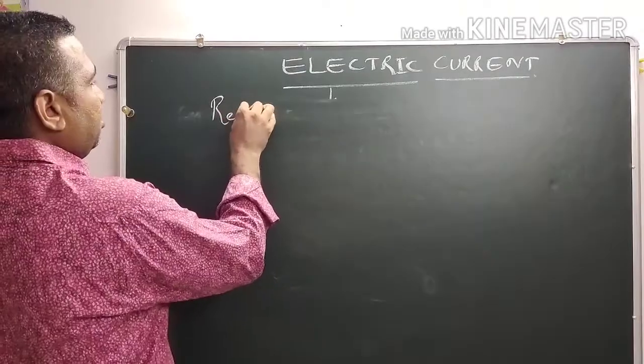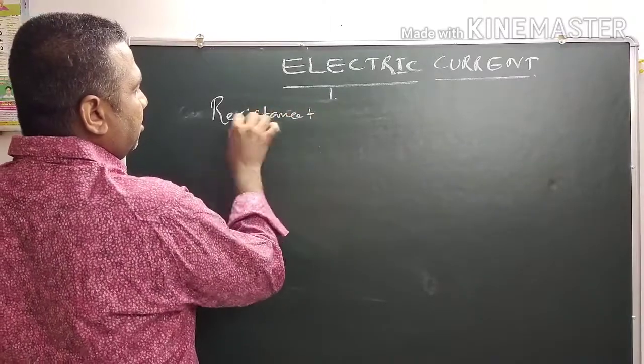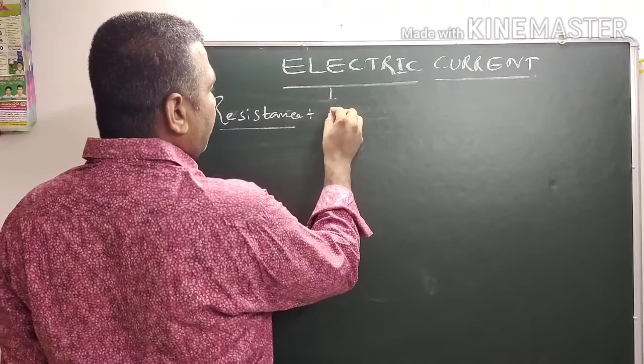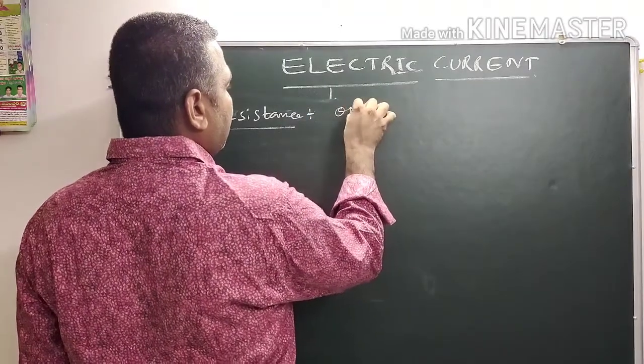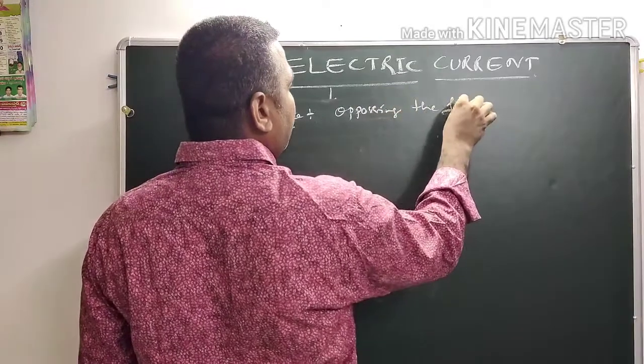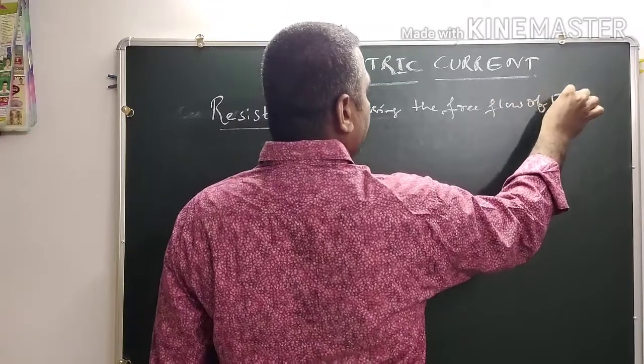Next, we'll see about resistance. Resistance is nothing but opposing the free flow of electrons.